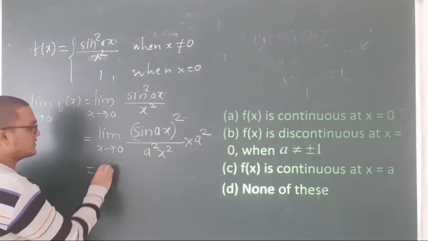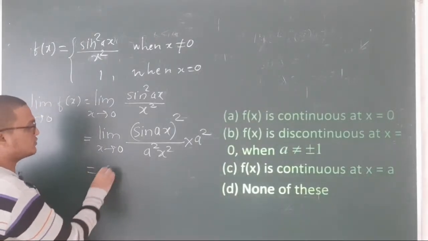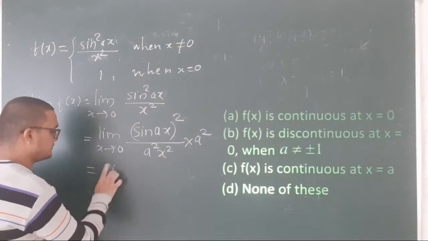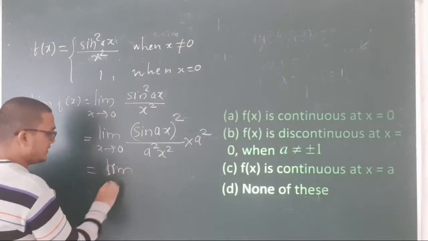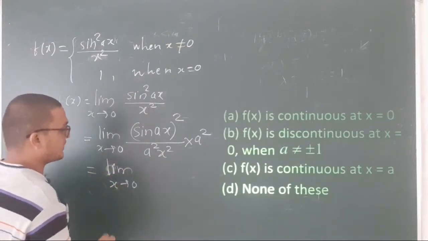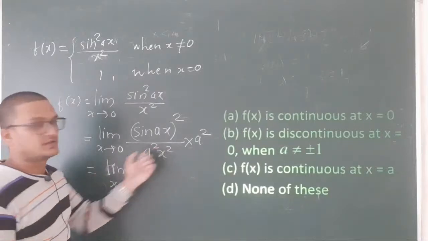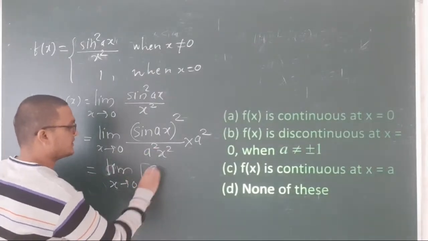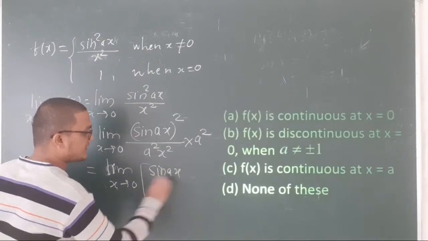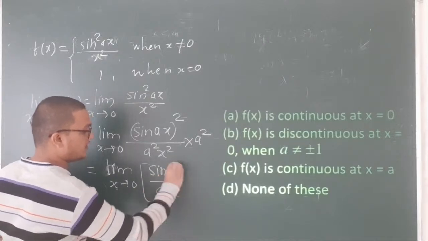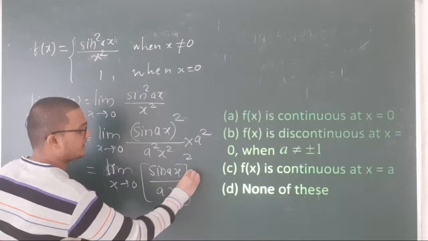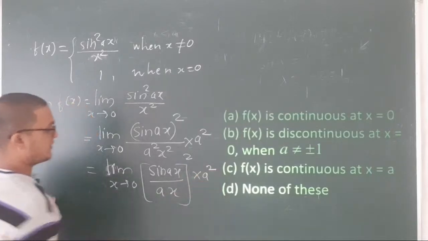So which is equal to, okay, see, limit x tends to 0. This is also having the square, so I may write together sin ax upon ax whole square into a square.